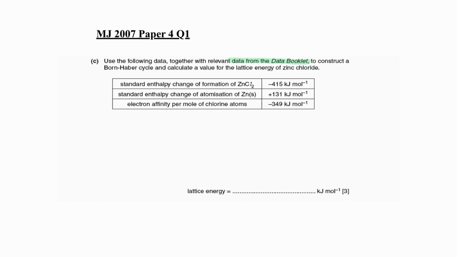After reading this question, we could actually see only 3 pieces of information or 3 values are given here. We could see the first ionization energy and second ionization energy for zinc are not given, and we do not have the atomization of chlorine as well. All of this we could get from the data booklet.